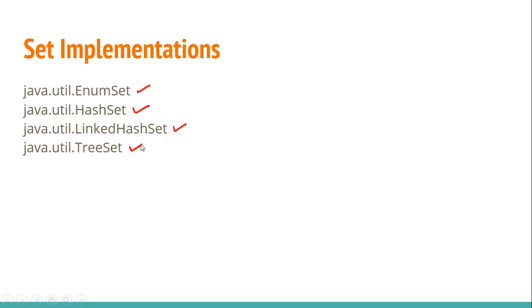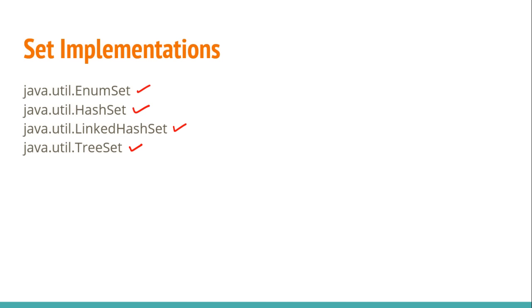These are the 4 classes which you can use to implement a set interface. Amit says list has duplicates. List can have duplicates. You can add duplicates into a list. It will not block you from adding, but in a set you cannot add duplicates at any point of time, right?